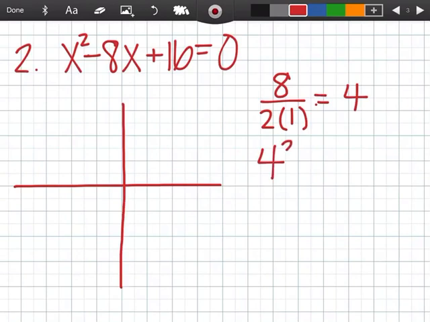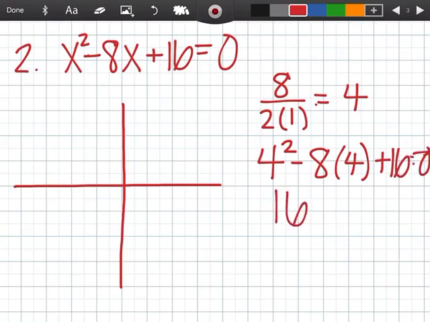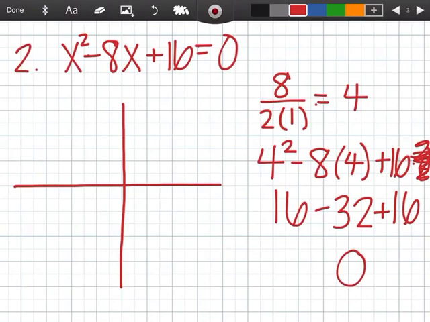And then I'm going to plug in a 4. So 4 squared minus 8 times 4 plus 16. We're just solving for the y-coordinate of the vertex right now. So 16 minus 32 plus 16. Whatever order you choose to combine these, I do end up getting 0. So that means the vertex is 4, 0.